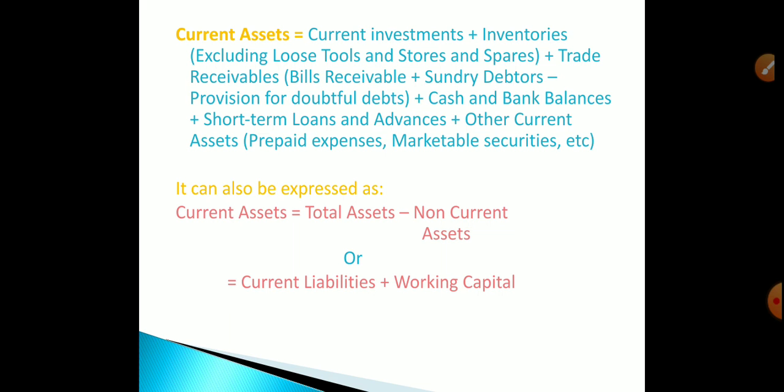Now there is another formula for finding out the current assets. That is, from the total assets, if we deduct the non-current assets. Now what are the non-current assets? The fixed assets. If we deduct fixed assets or non-current assets from the total assets, we will get current assets. Now if you remember another formula, that is the working capital.